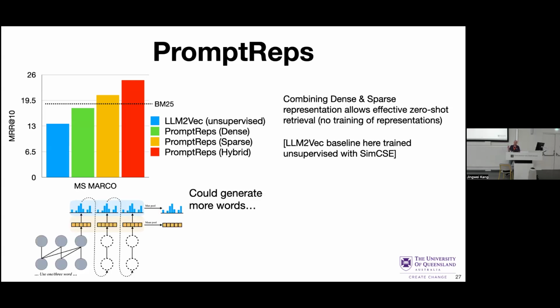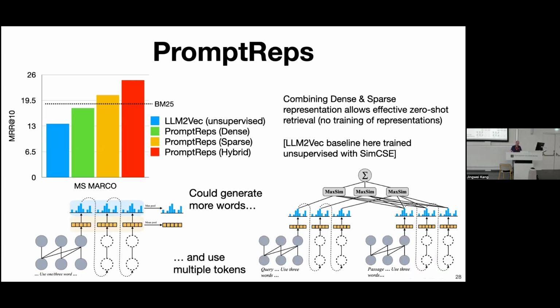Now, in the prompt that you're using in PromptReps, you are asking the large language model to represent your text using only one word, but you can extend this and say, oh, no, use 2 words or 3 words. Or you can extend this by saying, I tell you to generate multiple words, and then I don't use just the last token and the logits and layers associated to that.